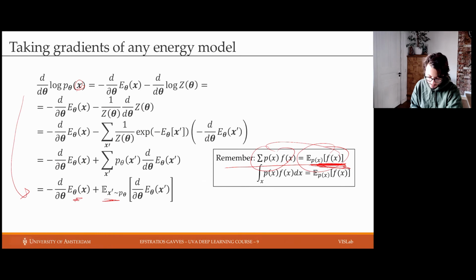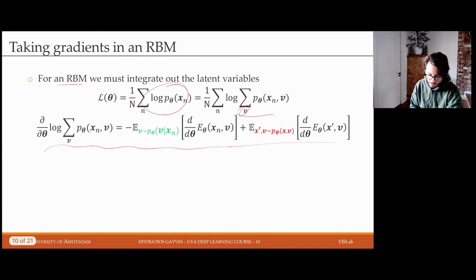So instead of having just the energy function, now we're going to have to average over our latent variables so that we integrate them out. And here again, our normalization constant does not depend only on summing over all possible images x prime, but also over all our latent variables.